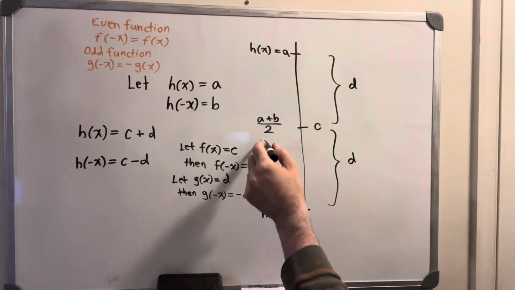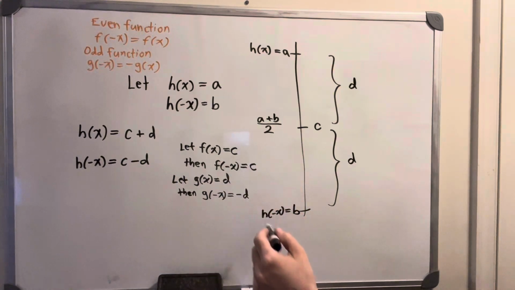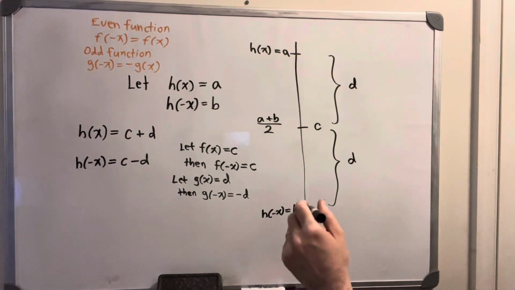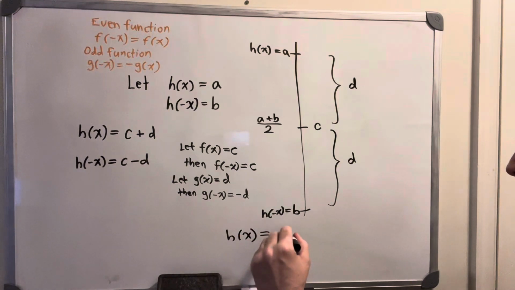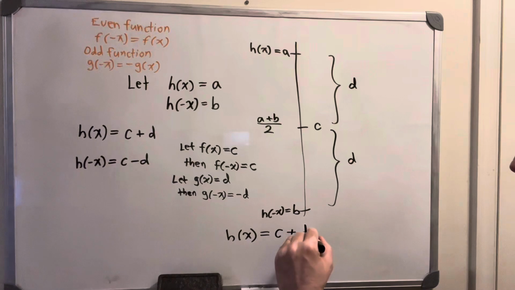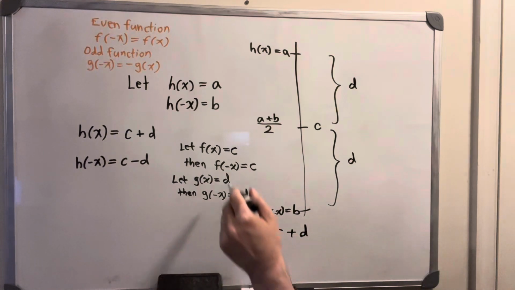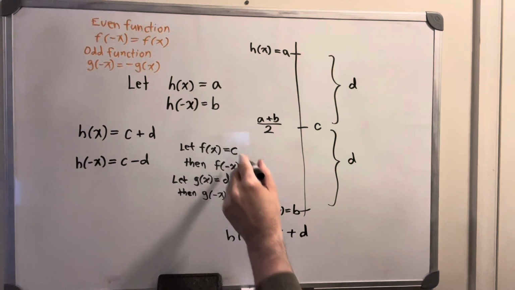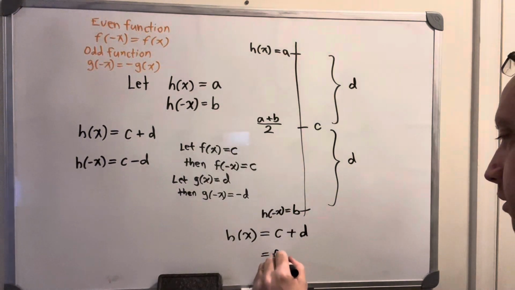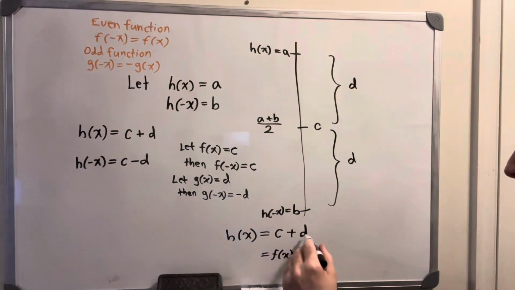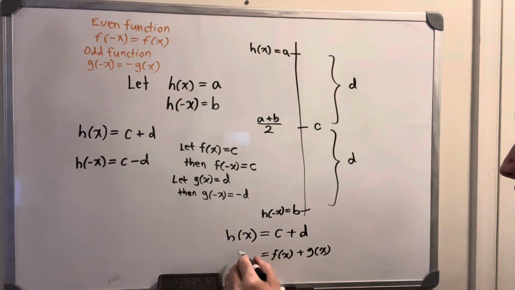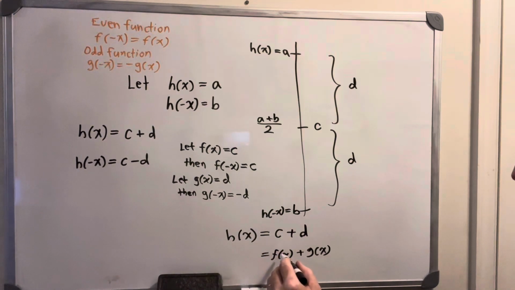So if we define these two functions, then h of x, which is equal to c plus d, now at x, we're saying that c is equal to f of x, and at x, g of x is d, then h of x is equal to f of x plus g of x.